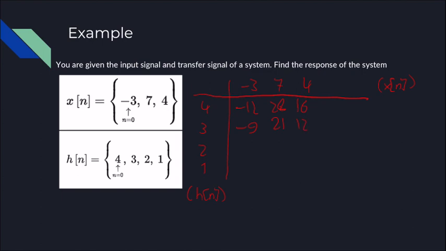Then we're going to do the same for the next two rows, which give us 14, then 8, then negative 3, 7, and 4.